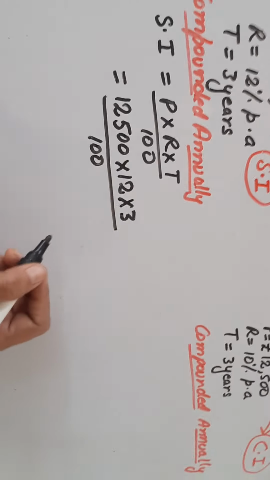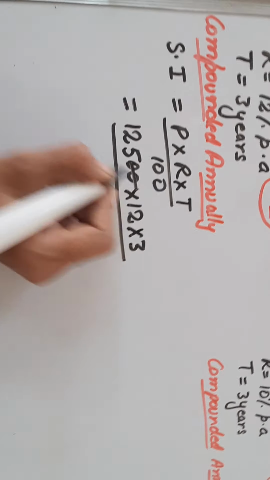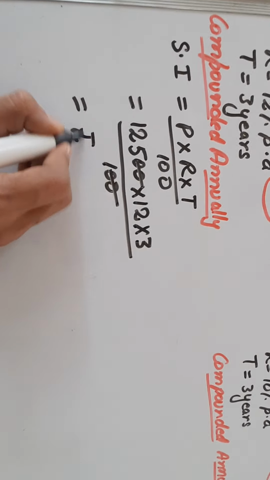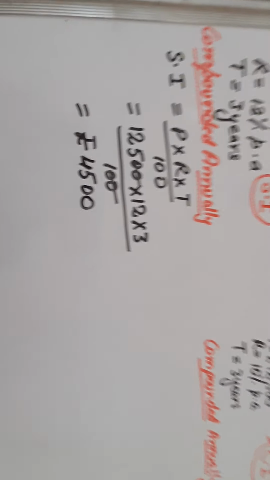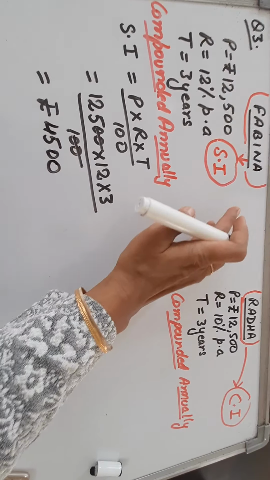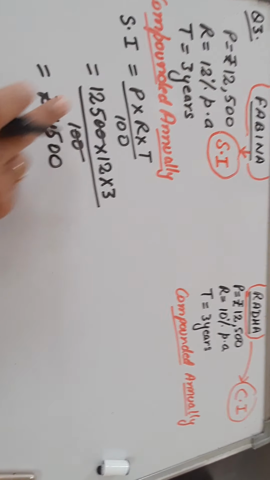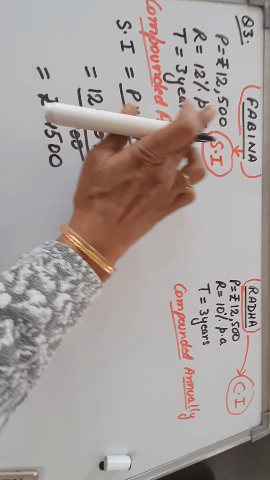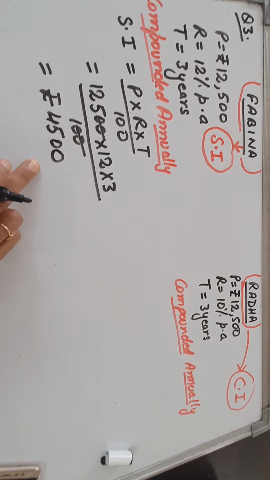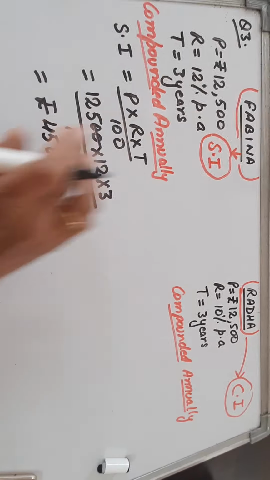So when you solve it, you will get the interest as rupees 4,500. So it means that Fabina will pay 4,500 simple interest, means 12,500 plus 4,500. When she returns, she'll add both the things.